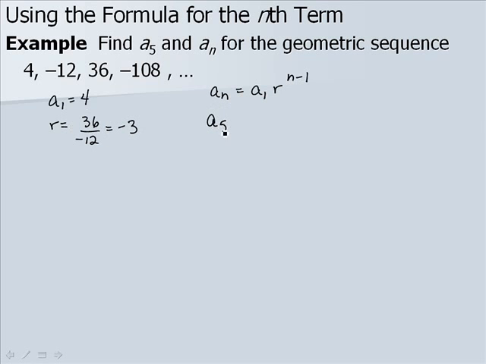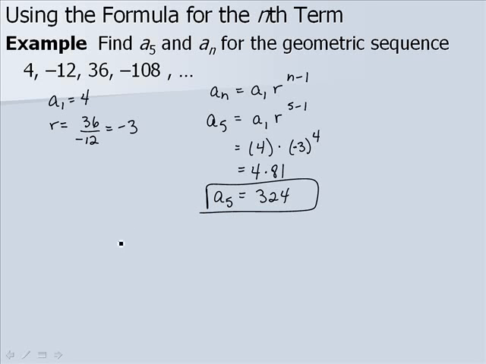So we want to find a5, which is equal to a1 times r to the 5 minus 1, or 4 times negative 3 to the 4th. So we have 4 times 81, so we'll get a value of a5 is equal to 324. And then an is equal to our a1 value, which was 4, times negative 3 raised to the n minus 1.